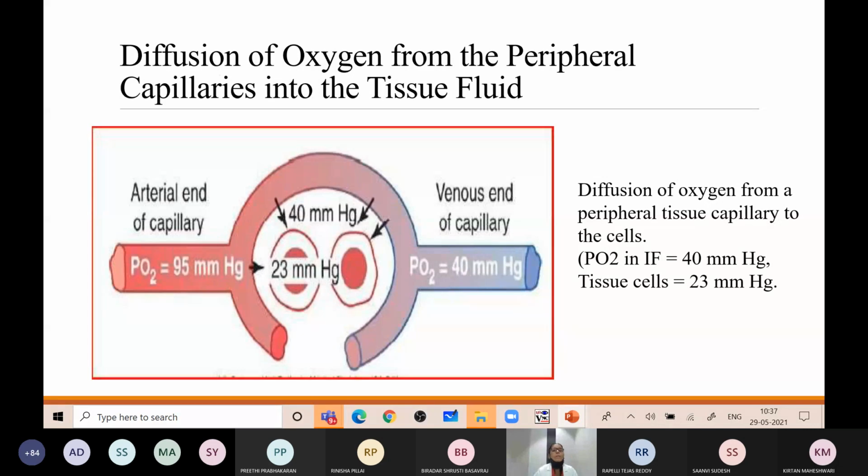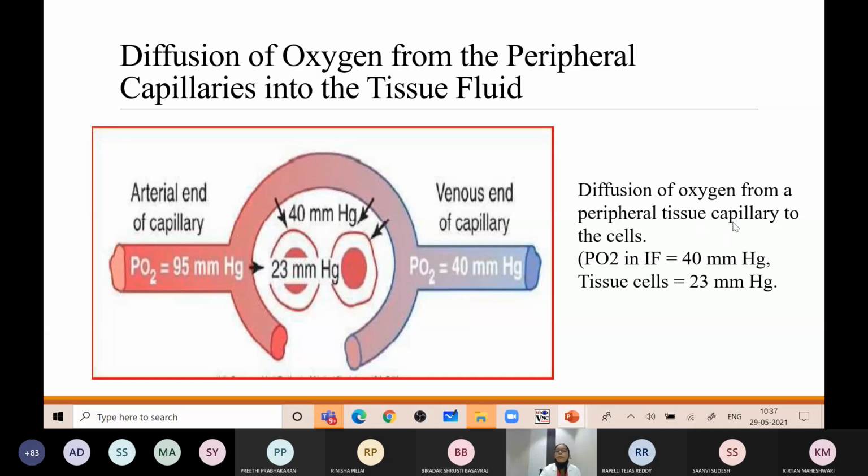So the diffusion of oxygen from the blood to the cell occurs here. Finally the PO2 becomes 23 mm of Hg, and at the venous end of the capillary, after giving the oxygen, the blood PO2 becomes around 40 mm of Hg.